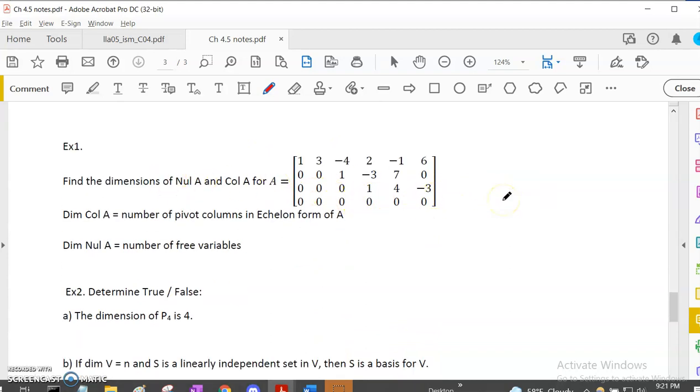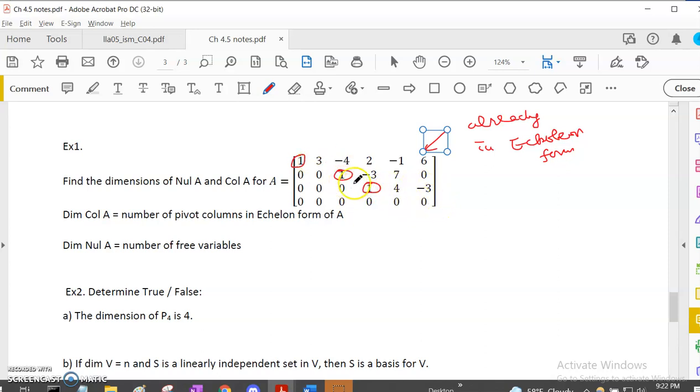So let's do an example. I have this big matrix A, and I want to find the dimension of column A. Notice that it is already in echelon form, not reduced, but in echelon form. So what are the prefix positions? This one, this, nothing, right?